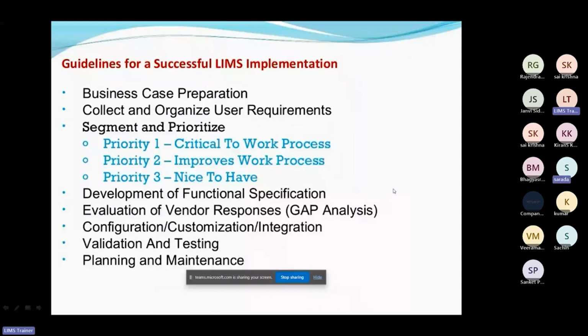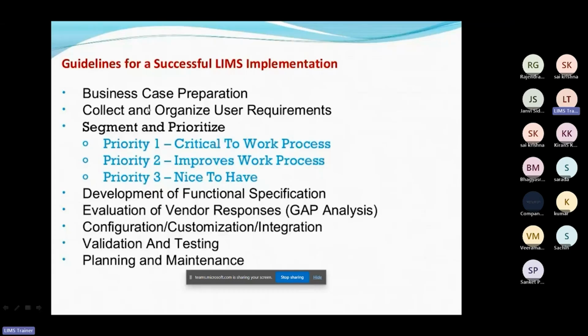Suppose there is a laboratory working in manual mode, and we want to shift it from manual mode to automated mode. So we are implementing a laboratory information management software in that laboratory. How can we proceed here? I will explain.